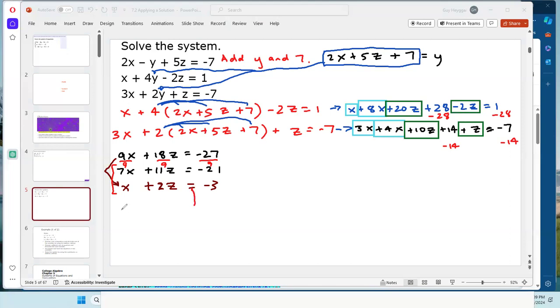So, kind of in the meta, the goal of the substitution move was to reduce the 3x3 to a 2x2. And now our goal in another substitution move on the 2x2 is to reduce it to a 1x1.